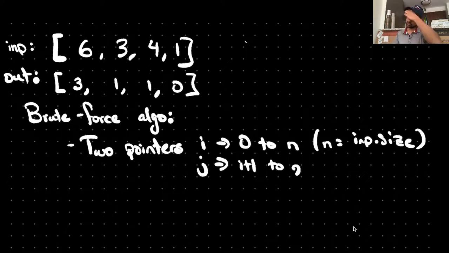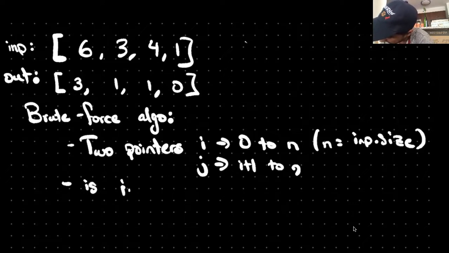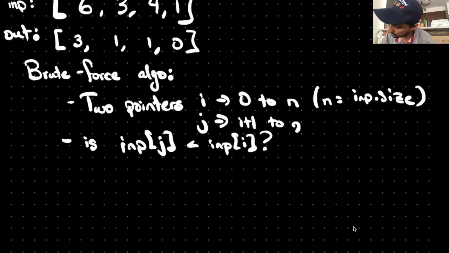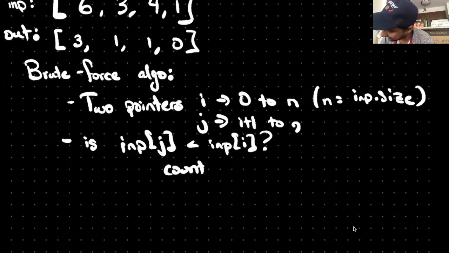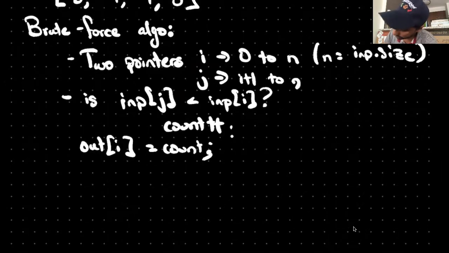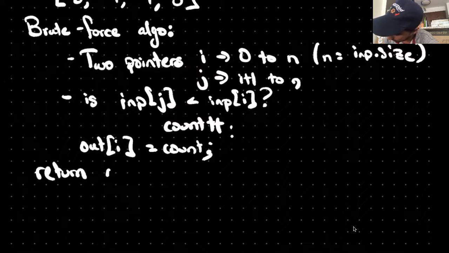All you're doing is checking, is input j less than input i? If so, then do count plus plus. And then at the end of this inner for loop, you say out i equals count. And once you've gotten all of those counts, you can just return out here. So that's going to be 2 pointers.